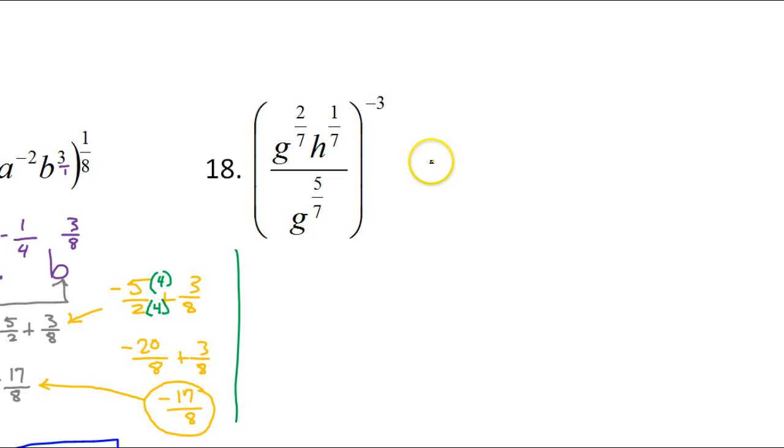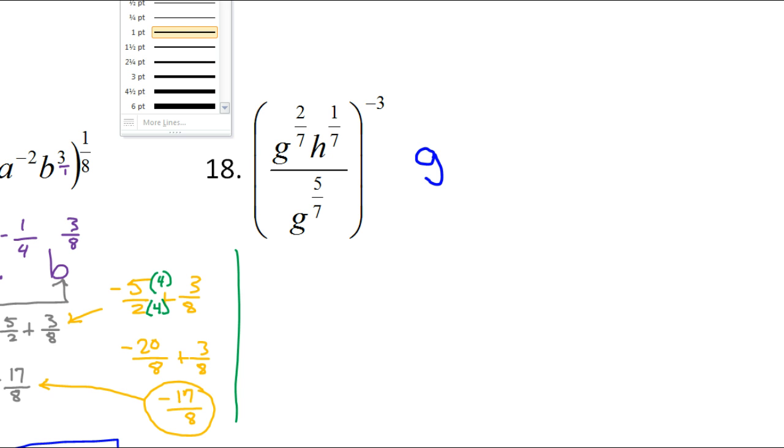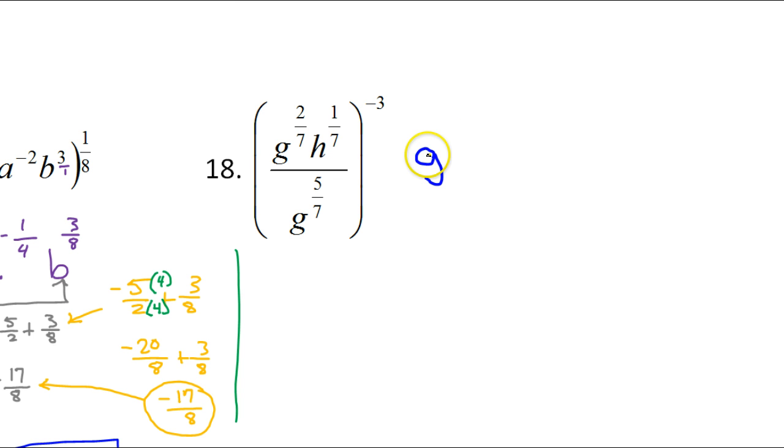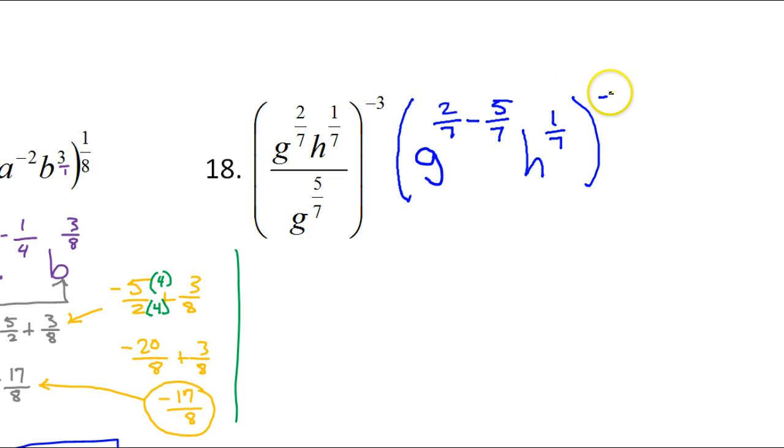So with the g's, I'm doing g to the 2 over 7 minus 5 over 7 power. I'm subtracting. And then I will still have this h to the 1 over 7 power. And all of this will still be to the negative 3 power. But right now I'm doing this subtraction.